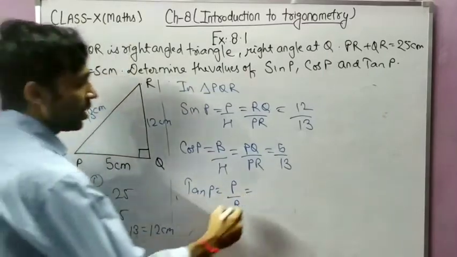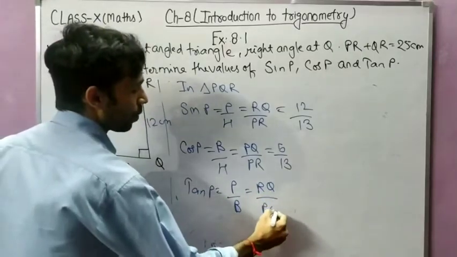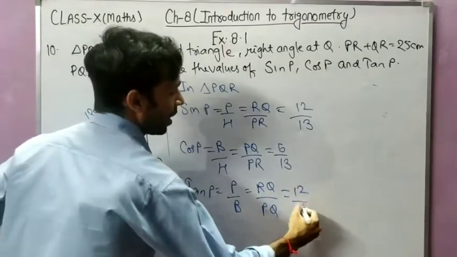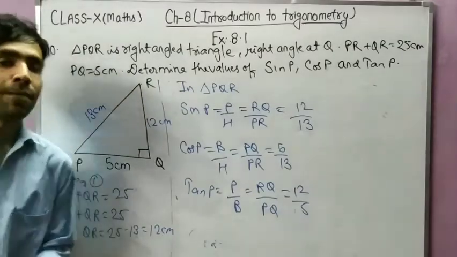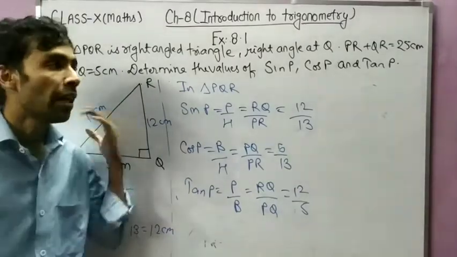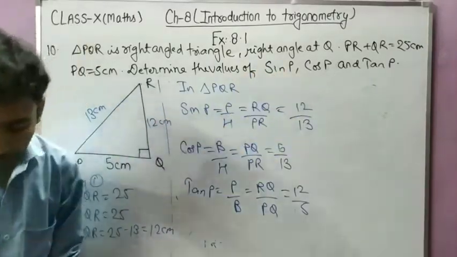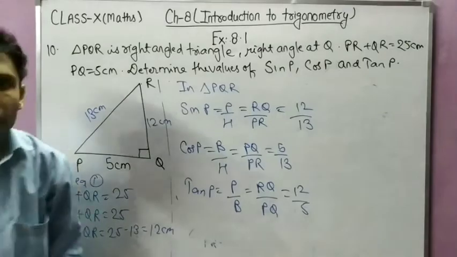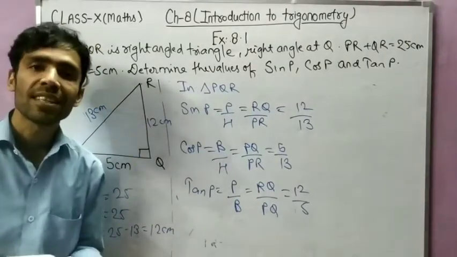So perpendicular is RQ and base is PQ. So it will come 12 by 5. Okay. So using the concept of trigonometric ratios, we have solved the values of sin P, cos P and tan P. So only if you know the basic concept of trigonometry, then you can easily solve all questions of exercise 8.1.